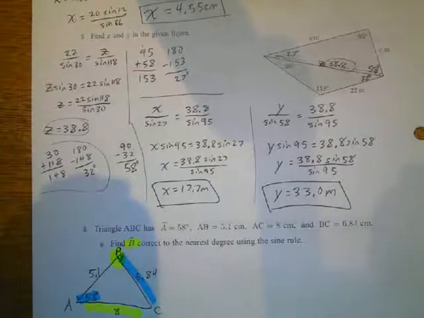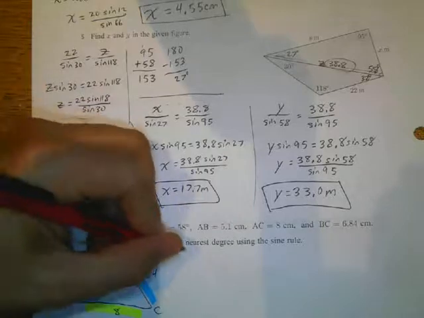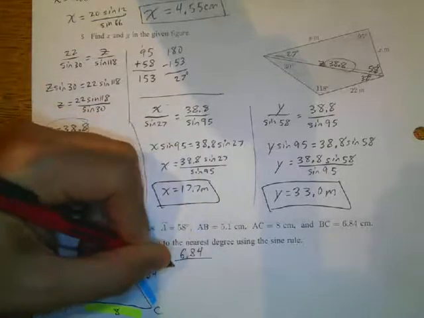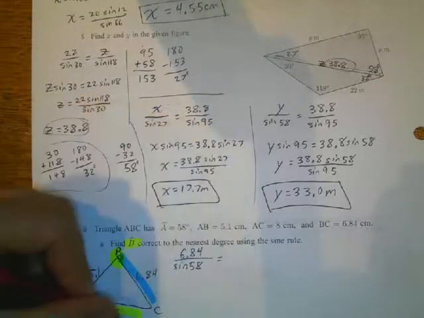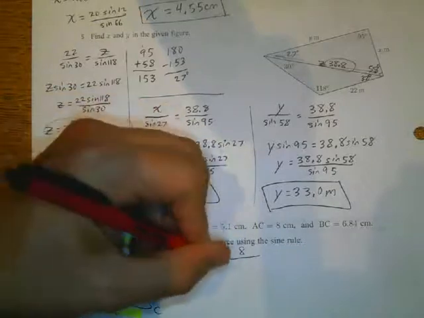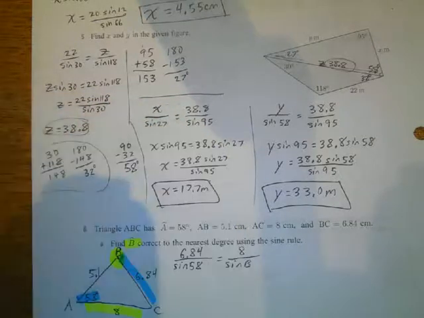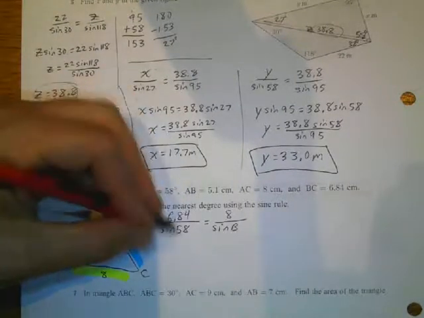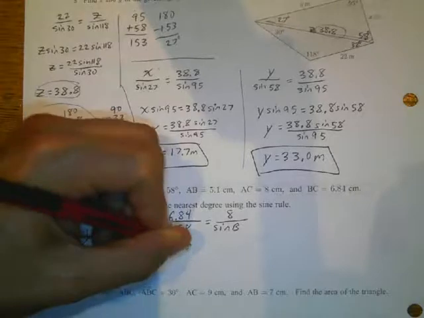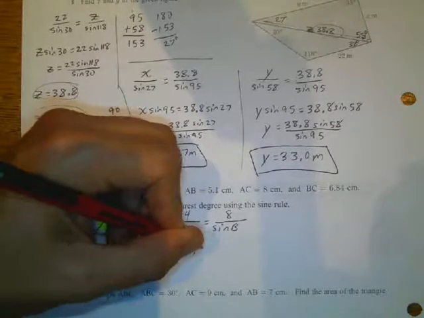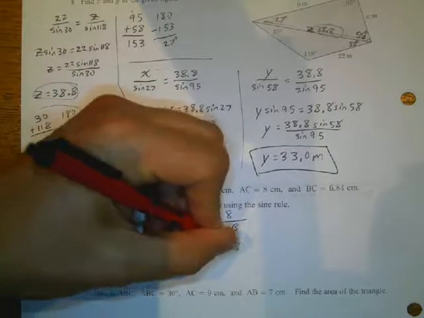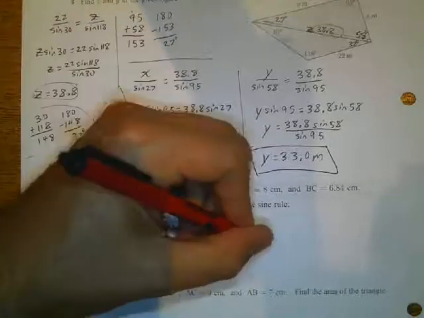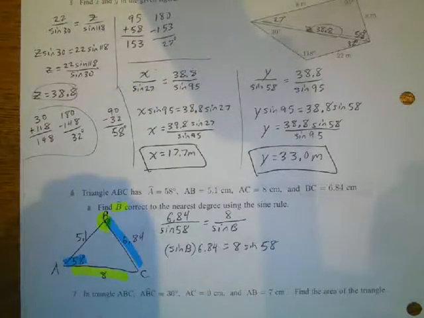So we write the law of sines. We can say 6.84 over sine 58 equals this side, which is 8 over sine B. Then we can cross multiply. We end up with sine B times 6.84 equals 8 times sine 58, and then divide both sides by 6.84.